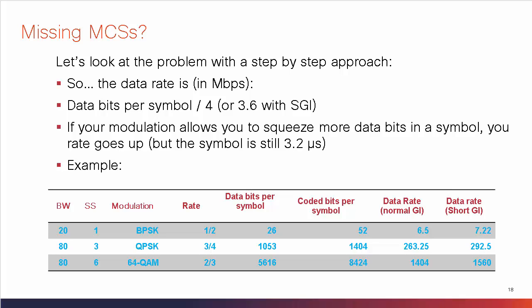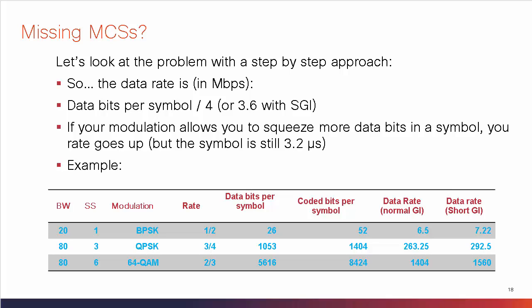The reason why we care about this symbol duration is that when you look at the protocol, the way we look at it is to say, per each symbol, per each period of 3.2 microseconds during which you're going to send useful data, how many bits of real data are you going to be able to squeeze into that duration of the transmission? And that's the way we look at the different modulation techniques.